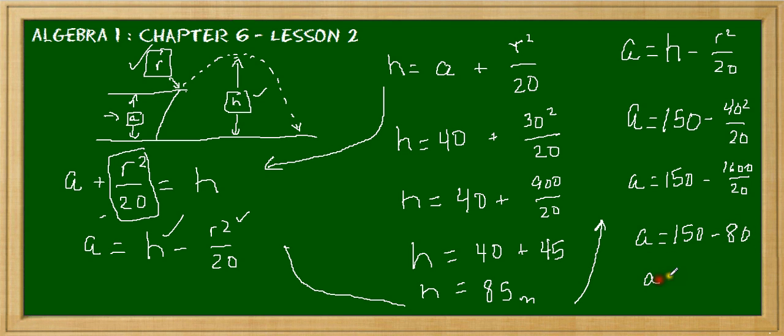And that means A is equal to 70 meters, meaning that the burnout would have had to have happened at 70 meters. Right here it would have been 70 meters, and if it were traveling at this R rate, all the way up to the top of 150, we knew what the h was, we knew what the r was, we were trying to determine what the a was, and we simply used this formula down here where we solved for a. Okay, so that is problem number 9.